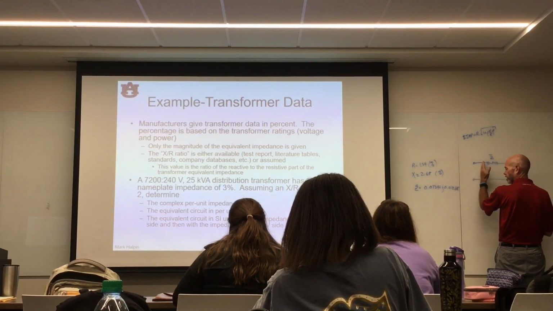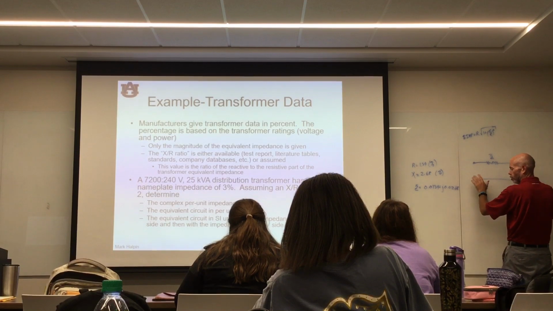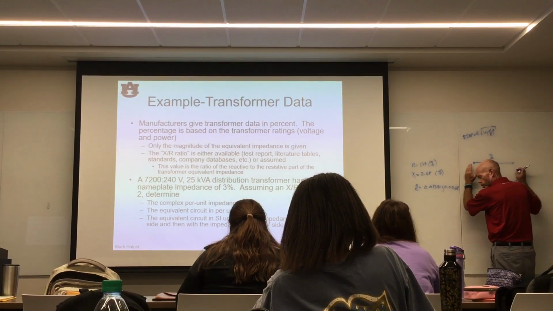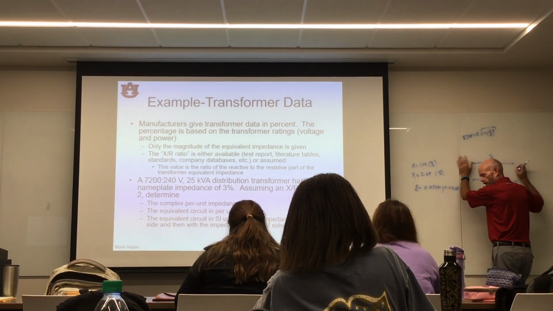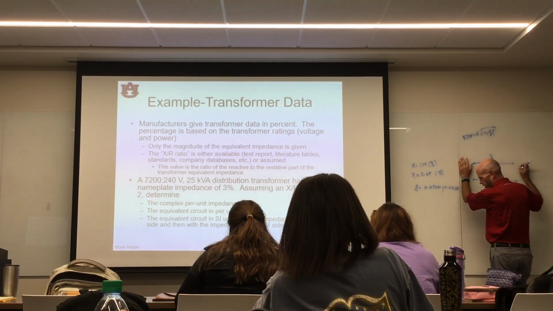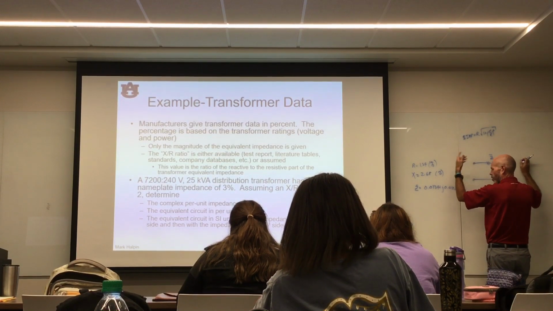If I put the ideal transformer here, normally my picture doesn't show it. But it's customary when we draw an equivalent circuit for a transformer to put the high voltage side on the left and the low voltage side on the right. Source on the left, load on the right. You don't have to do that, but that's how people think.